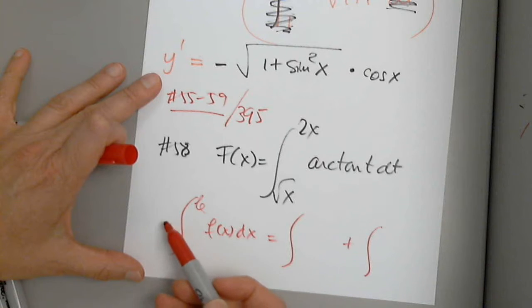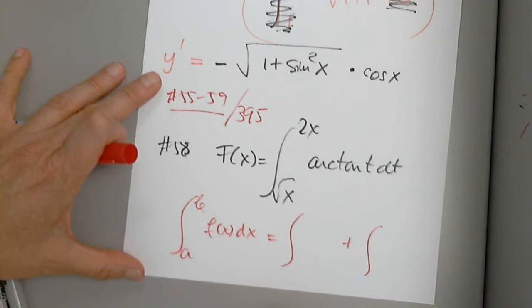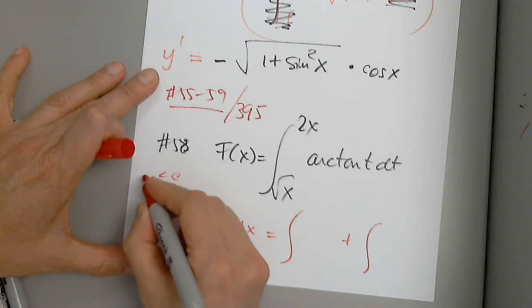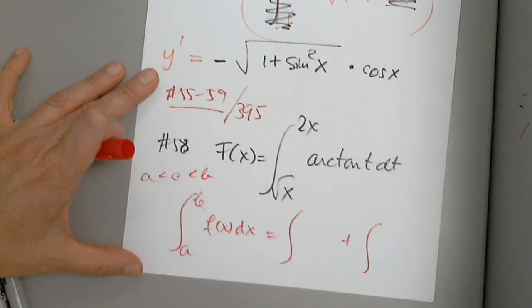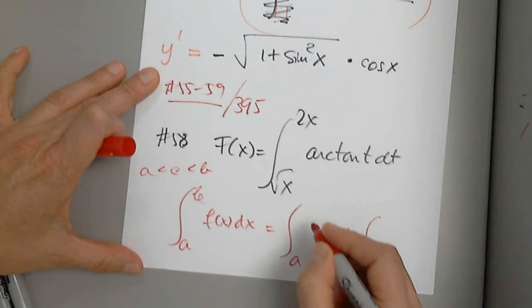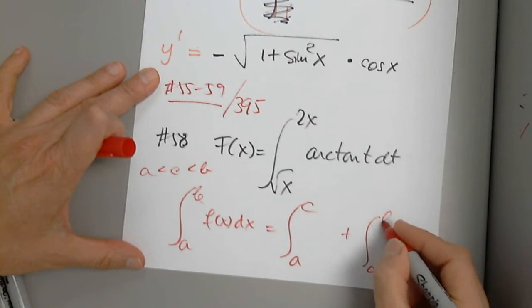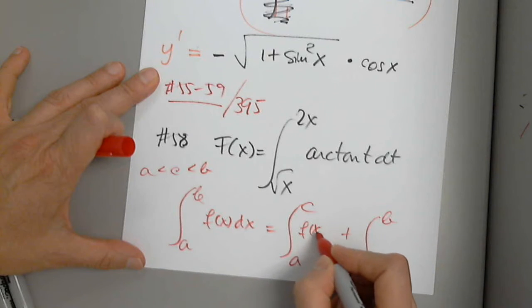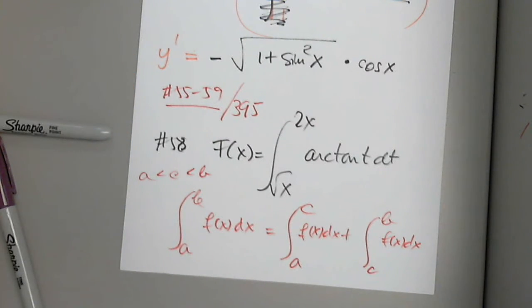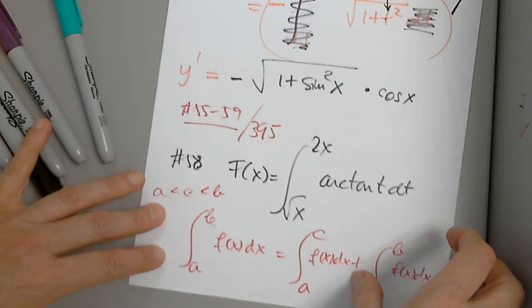Let's say I have a number between a and b. Give me a letter. C. So c is a number between a and b. So then how do I write the sum of the integrals? A to c and? Very good. So this is from a to c of f of x dx and from c to b of f of x dx. I can break the interval into 2 pieces or 10 pieces if I want to, but I only need 2.